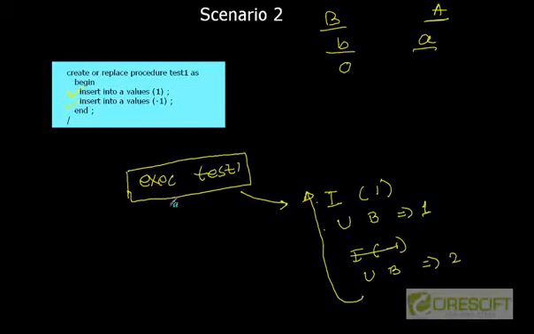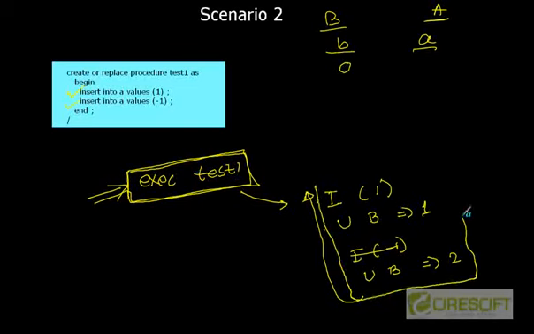The reason is that if test1 is to be successful, test1 is going to run in its entirety. It's not that part of it runs and part of it does not. The moment we give execute test1, it generates all these SQLs, and all these SQLs together should be successful.